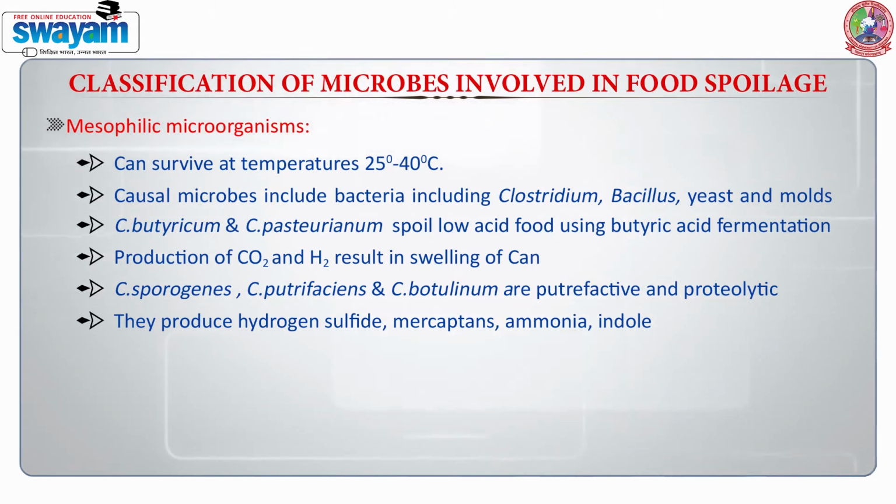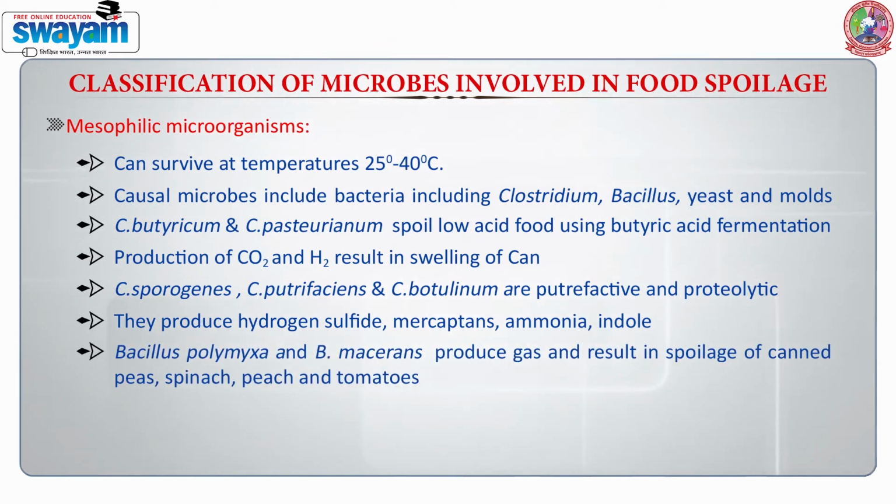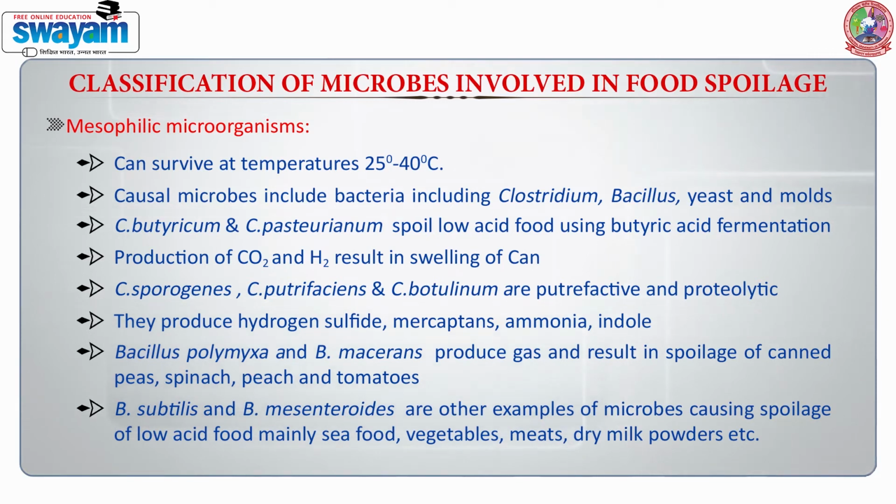Another group of microorganisms belonging to bacillus species like Bacillus polymyxa and Bacillus macerans produce gas and are responsible for the spoilage of canned peas, spinach, peaches and tomatoes. They also spoil low acid foods, primarily seafoods, vegetables, meat, dry milk powder, etc.